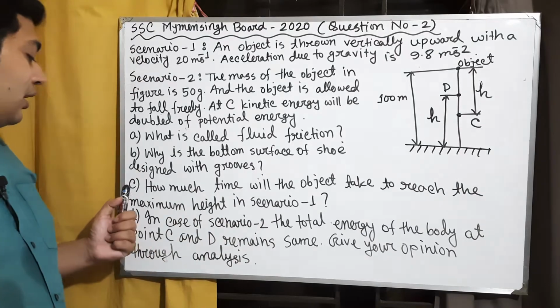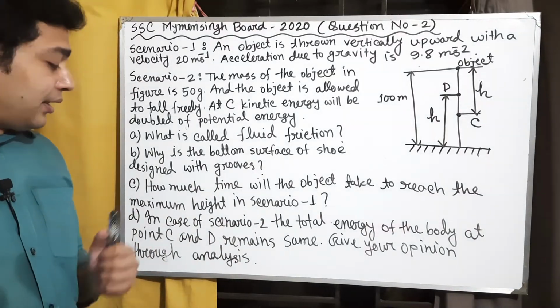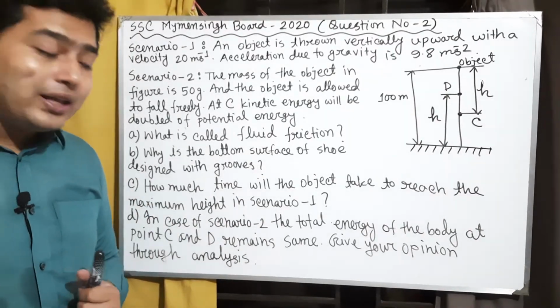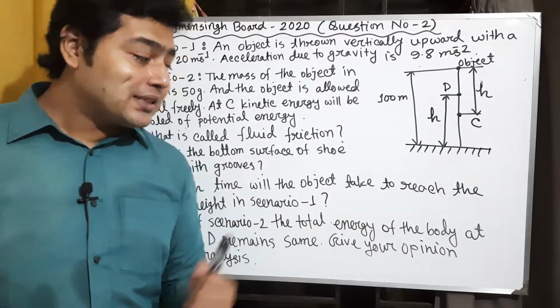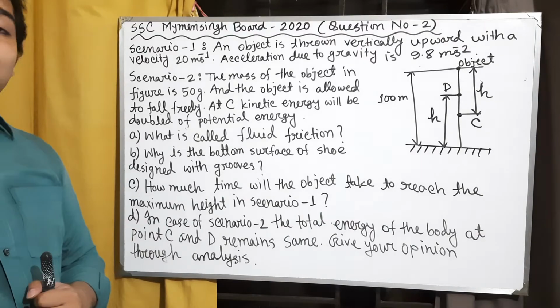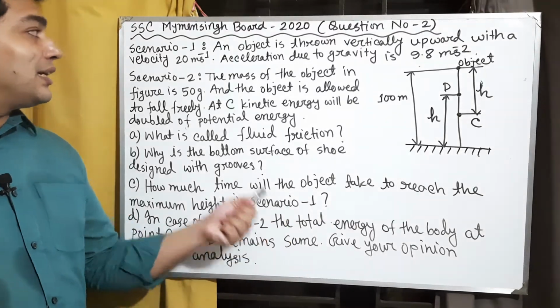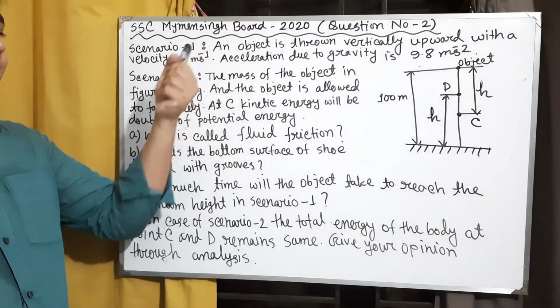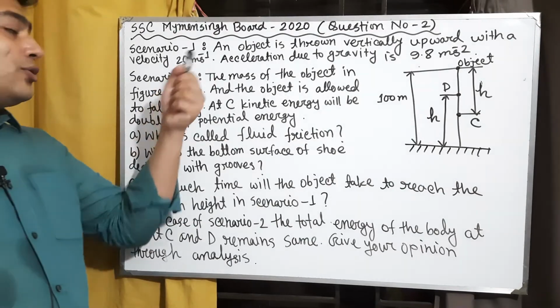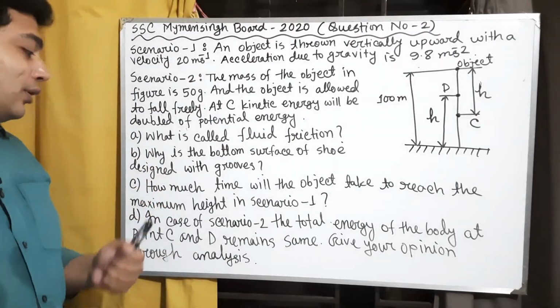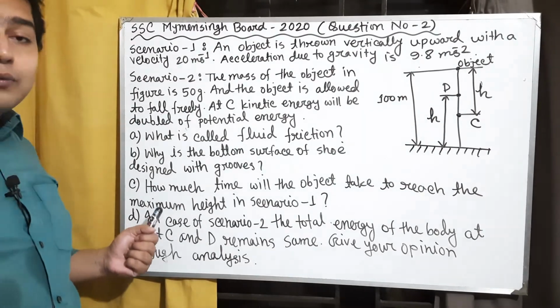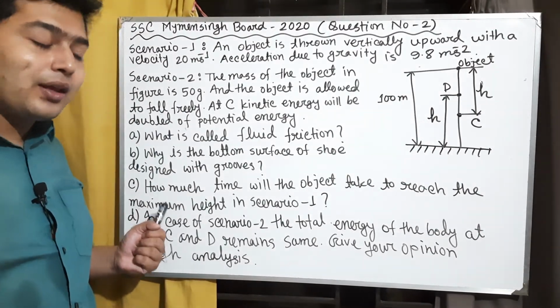Question C, how much time will the object take to reach the maximum height in scenario 1? According to the information of scenario 2, we need to solve question number D.